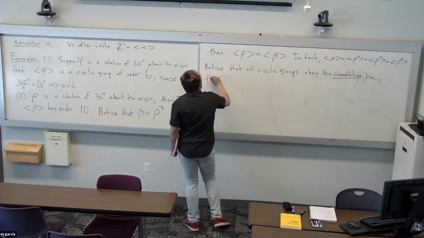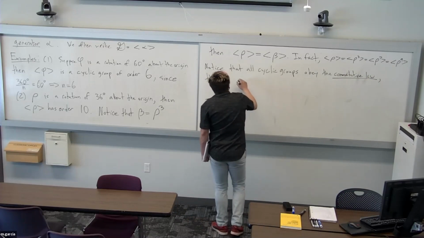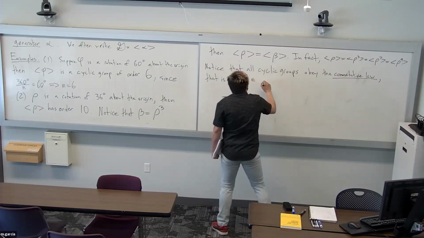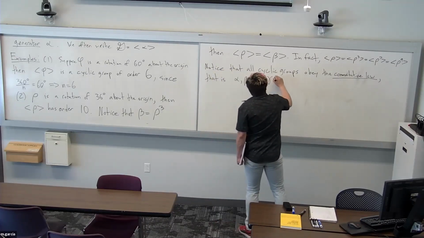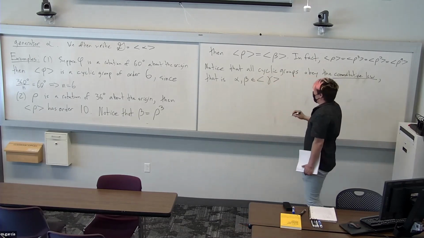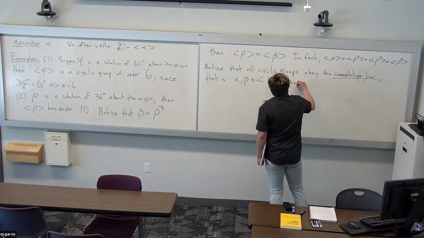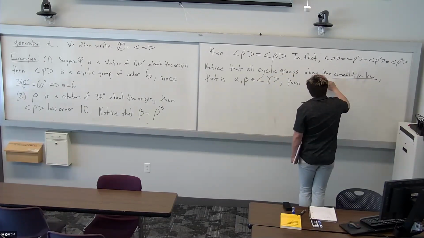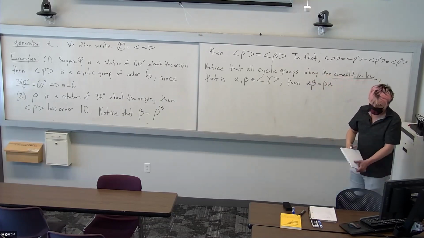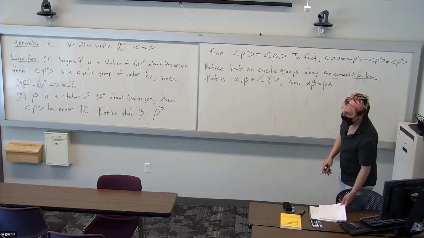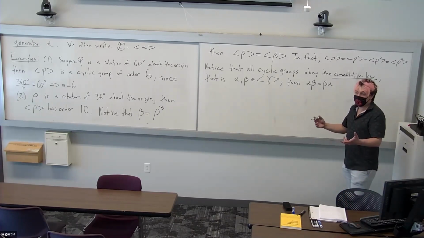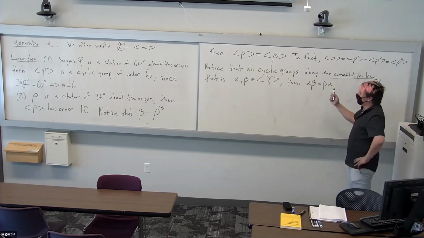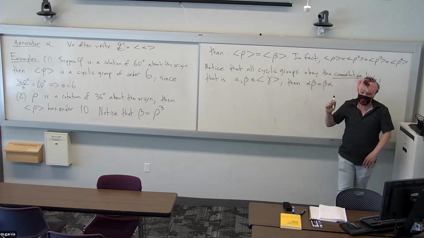That is, if we take alpha and beta elements of the cyclic group generated by gamma, then alpha beta is equal to beta alpha. Yesterday, I made a big point of saying we're not guaranteed that arbitrary transformations can be interchanged, right? Why is it the case that in a cyclic group this is always true?